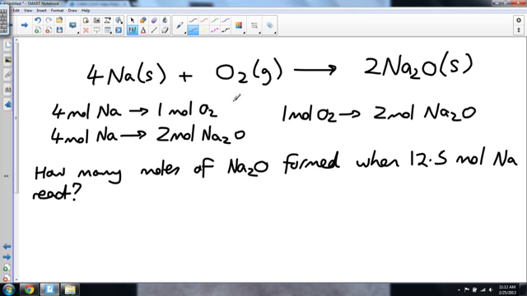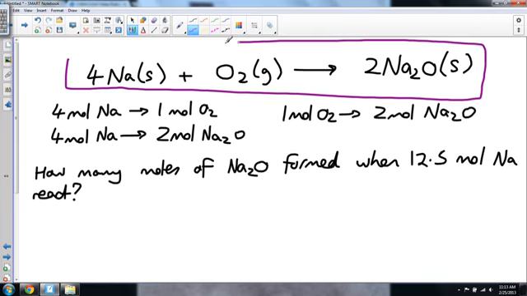Now, if we had something like this that said, given a balanced equation like this, the reaction of sodium with oxygen gas to form sodium oxide, there are 3 relationships here to understand. You can relate sodium to oxygen, sodium to sodium oxide, or oxygen to sodium oxide.